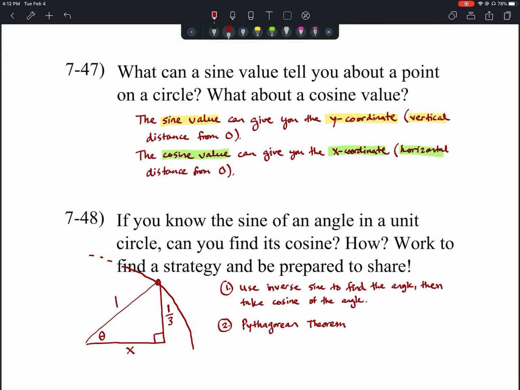I could say in this case, for the Pythagorean theorem, x squared plus 1/3 squared should equal 1 squared, and we could solve that to figure out what it's going to be.